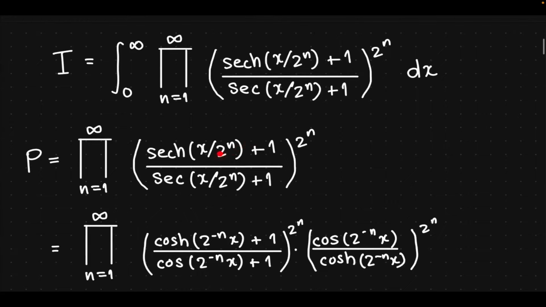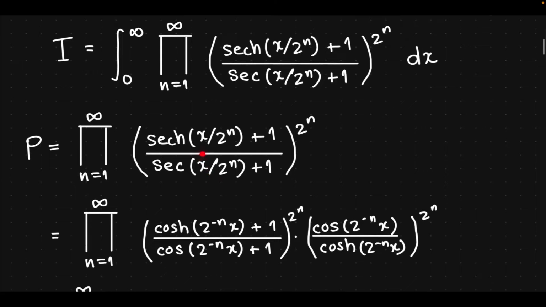Now notice what we can do is, we don't like these reciprocal functions. We can easily convert the hyperbolic secant and the regular secant into the respective 1 over cosh and 1 over cosine. When we do that, we can achieve a common denominator. We will have cosh of 2 to the minus n times x, I'm writing x over 2 to the n as 2 to the minus n times x, plus 1, divided by cosine of 2 to the minus n times x plus 1, quantity to the 2 to the nth power.